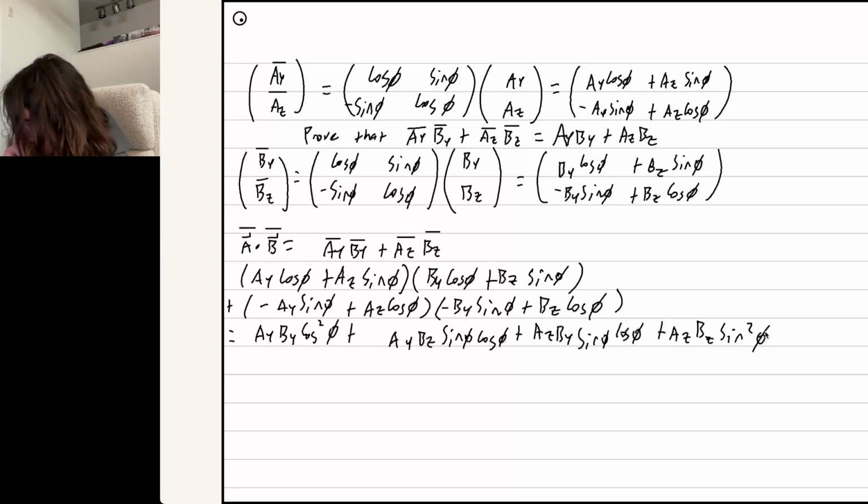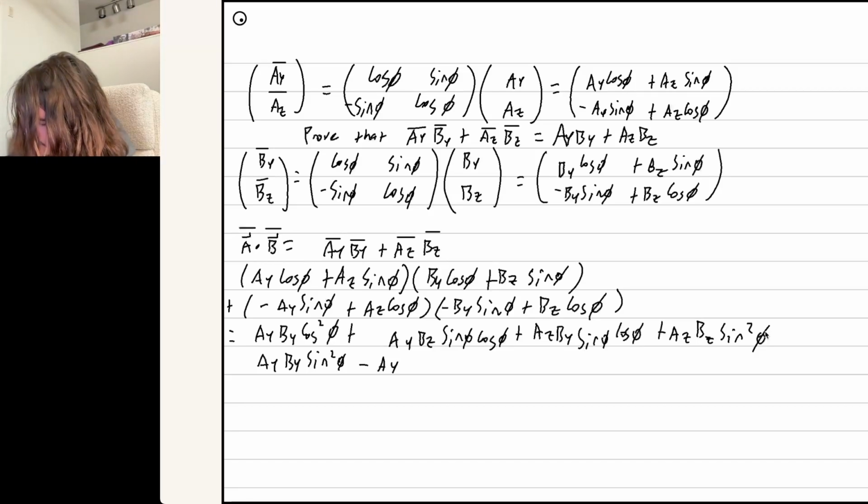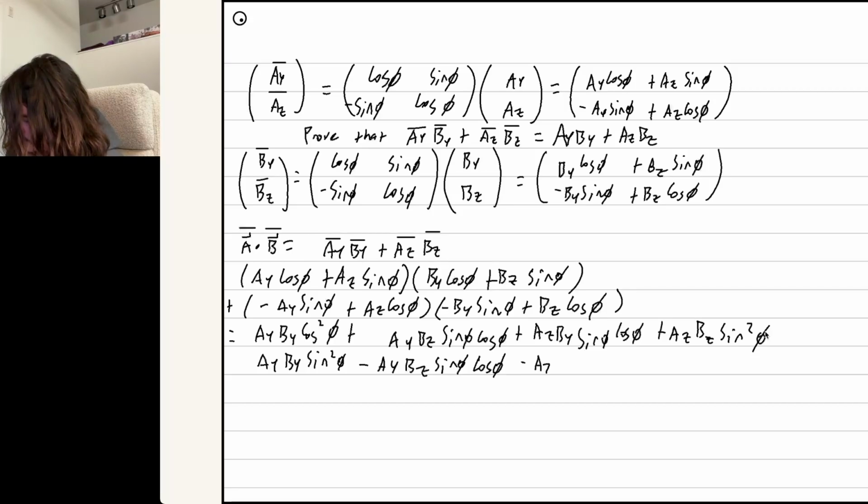And then that's going to be Ay By sine squared phi, minus Ay Bz sine phi cosine phi, minus Az By sine phi cosine phi, plus Az Bz cosine squared phi.